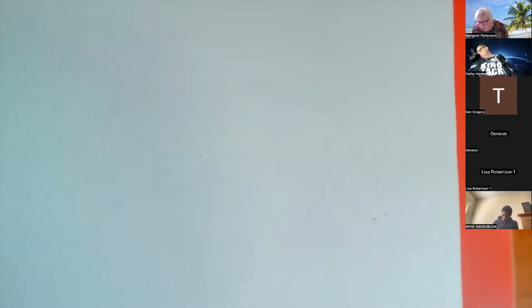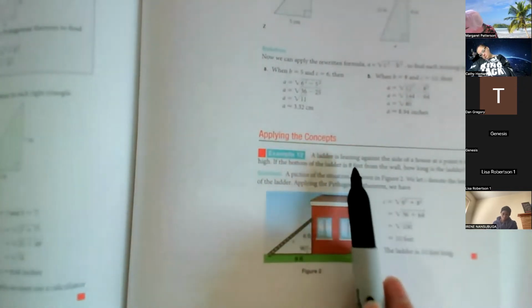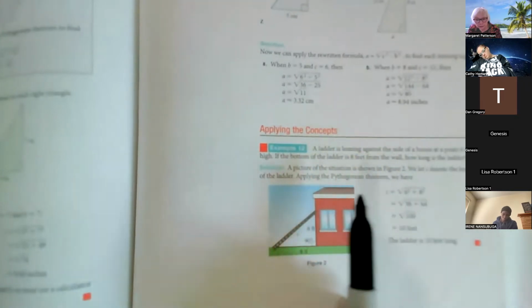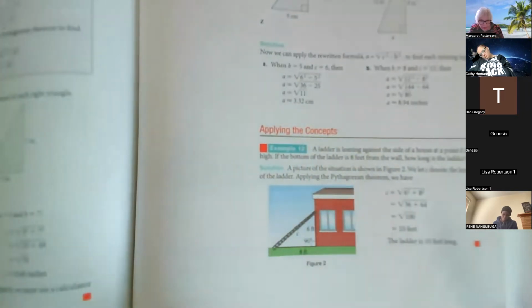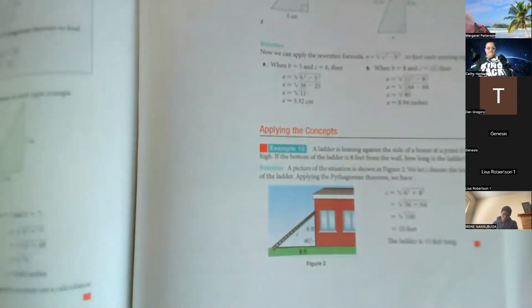We have two sides. Okay, this is the book. A ladder is leaning against the side of the building. Even though it's hard to look at, you can see there's a ladder there.